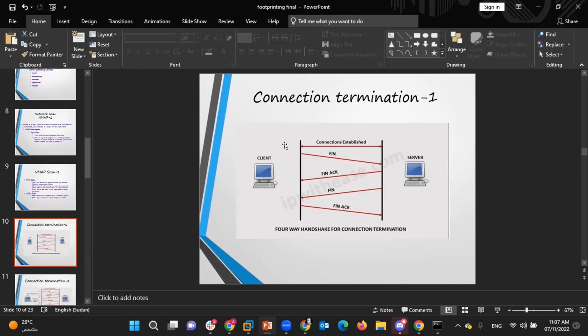After that, he sends a FIN packet also to the client to confirm this connection will be closed. And the client should send a FIN ACK. In this way, it's called a handshake. Both of the entities send a FIN and receive a FIN ACK.